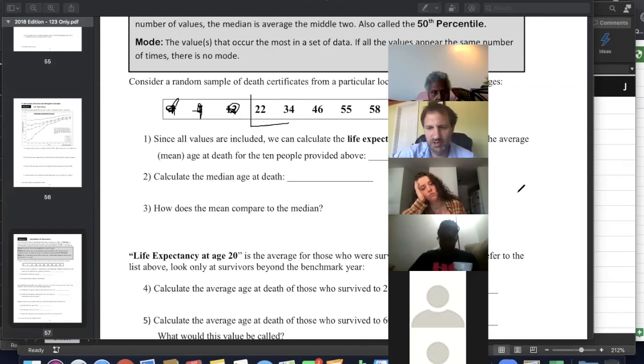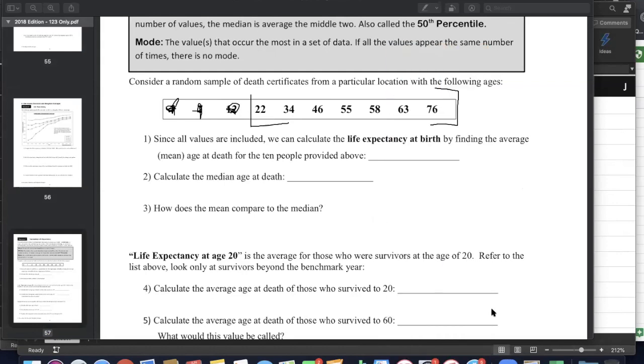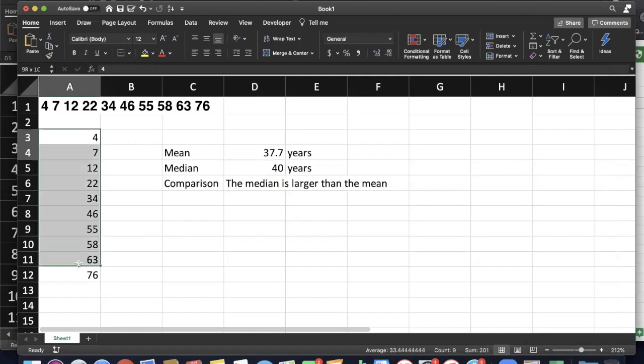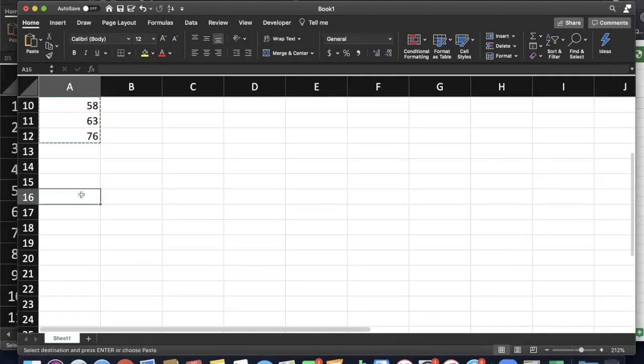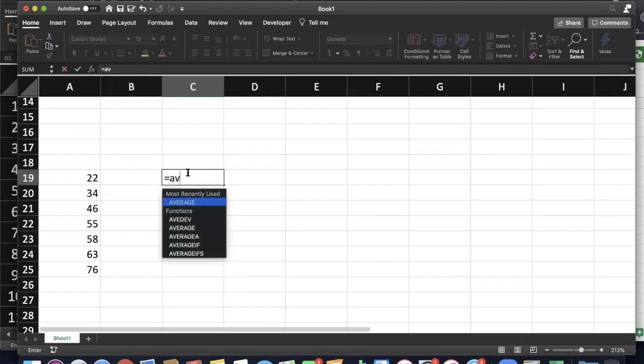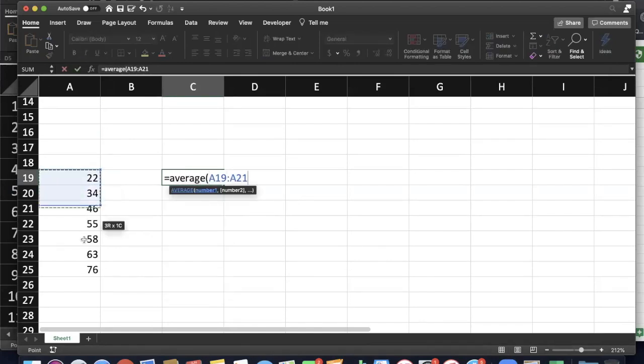Okay, so let's just go ahead and redo that mean and median calculation real quick. So I'm just going to go back and do this in Excel. I'm going to take this same list of information and move it down here. In Excel, it's easy to just get rid of those and then recalculate the average of those numbers.